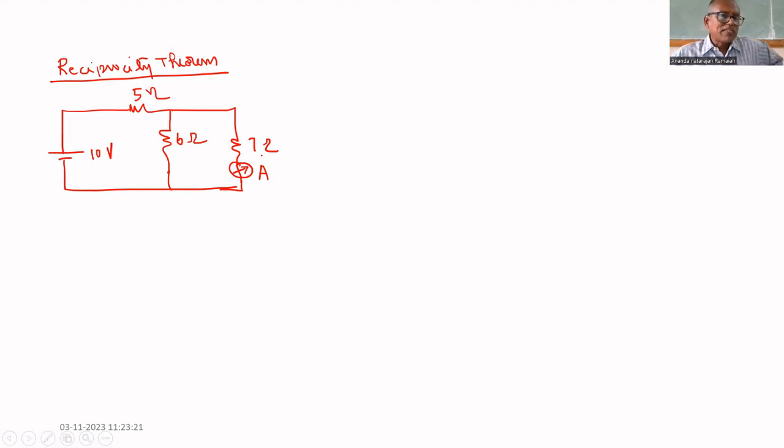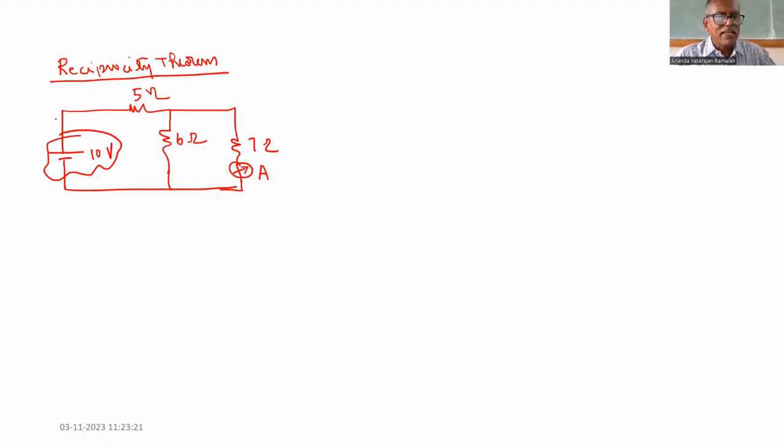The reciprocity theorem says that you can interchange this voltage source and this ammeter, with no other changes in the circuit. If you interchange them, the same reading will show.